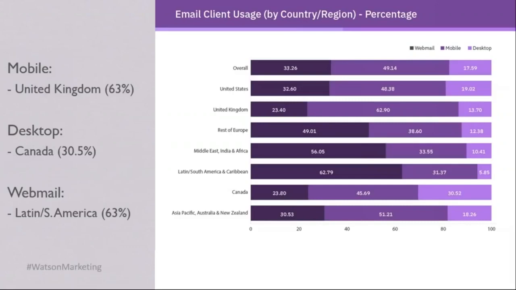Mobile is when you're looking at a mobile email application, an app. If somebody accesses it via the web on a mobile device, that's going to be counted as webmail. And webmail is typically accessing your email via Gmail or something like that.